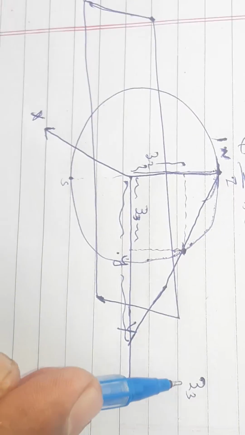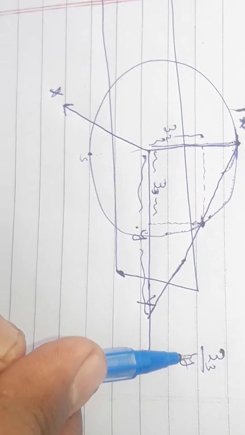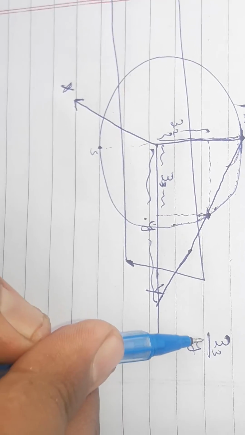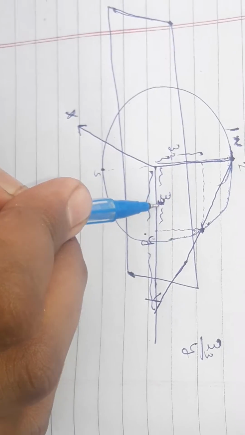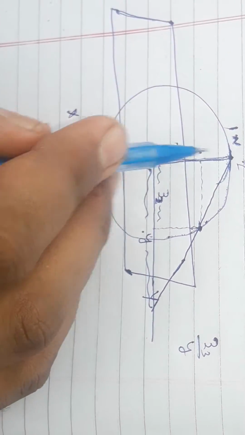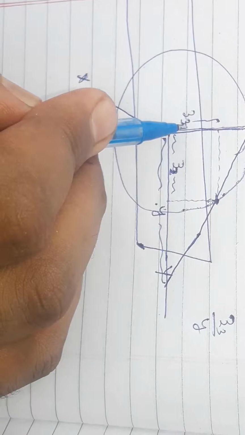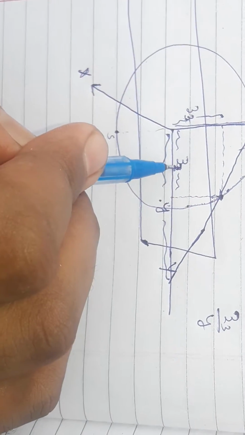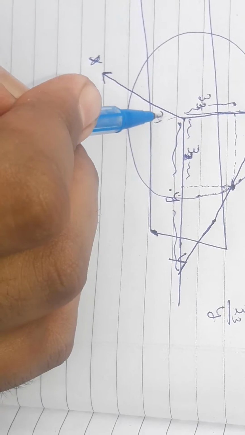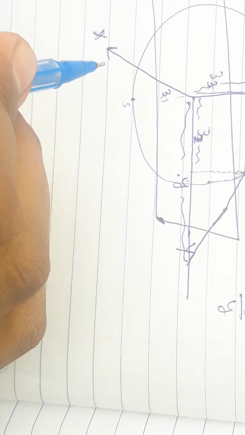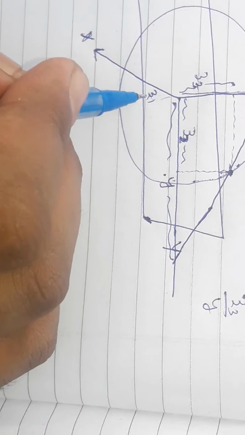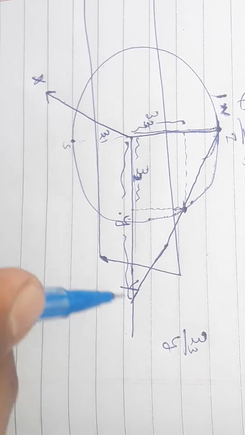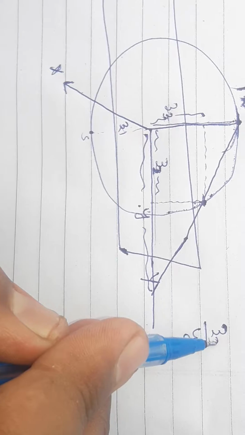Means z2 upon y. This is along the z-axis, so we take xi3, xi2, here xi1 along the x-axis, xi2 along the y-axis and xi3 along the z-axis.